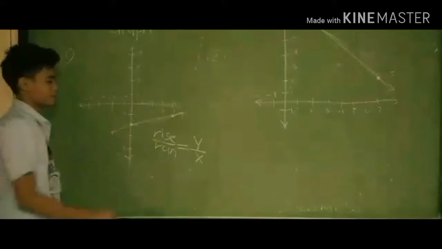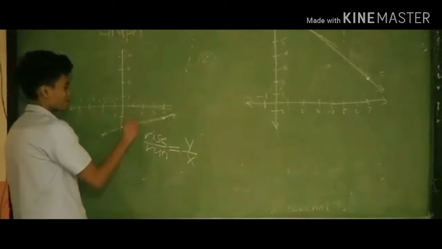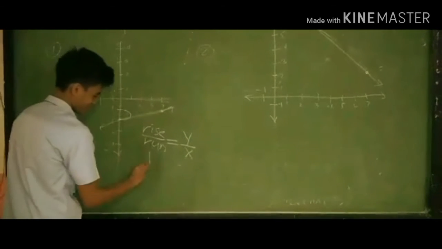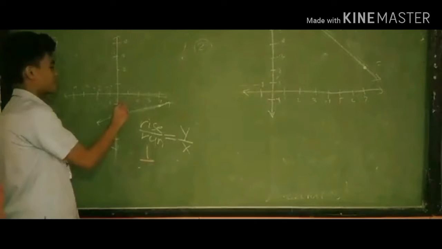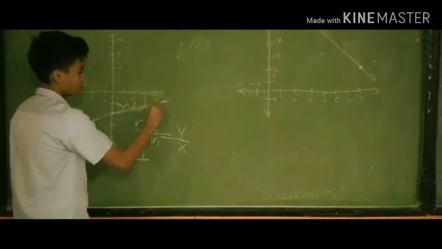What you want to do is count. On the rise we have 1 over, then on the run we have 1, 2, 3, 4.